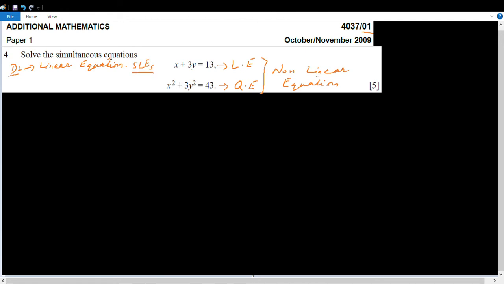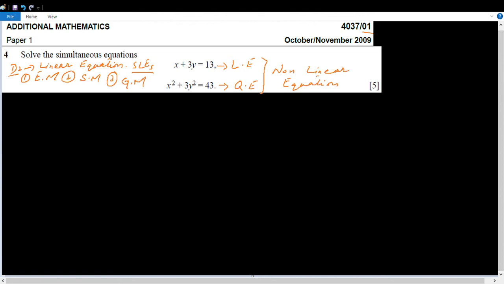There you learned basically three methods of solving the linear equations. First method was elimination method, shortly we write it as EM. Second was substitution method, shortly we write it SM. And third was graphical method, and we write it as GM.